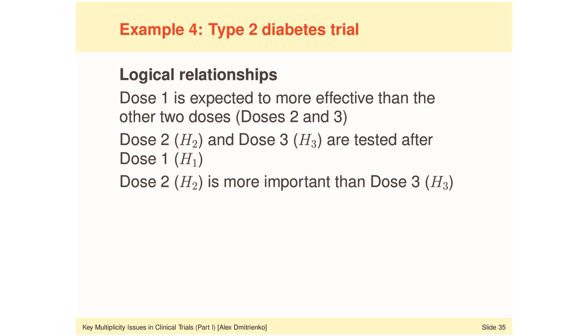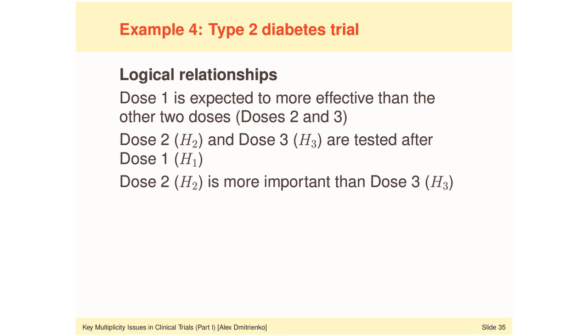To help the trial sponsor maximize the probability of success in this trial and maximize the market impact of this novel treatment, it will be important to account for the fact that the high dose, which is dose 1 in this case, is more likely to be effective than the other 2 doses. This is the first assumption that we're going to make to build an efficient chain procedure.